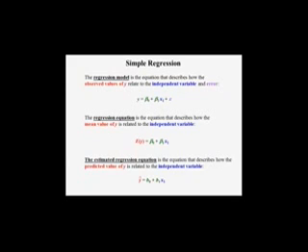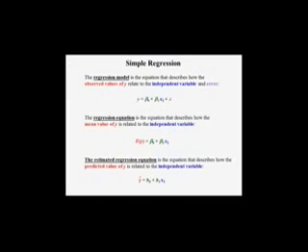The estimated regression equation is the equation that describes how the predicted value of y is related to the independent variable. Now notice that we use B0 and B1 here. We don't use beta 0 and beta 1 anymore. The reason is that we've taken sample data. In this case, we have 5 observations. We've used Excel to estimate the values of beta 0 and beta 1.